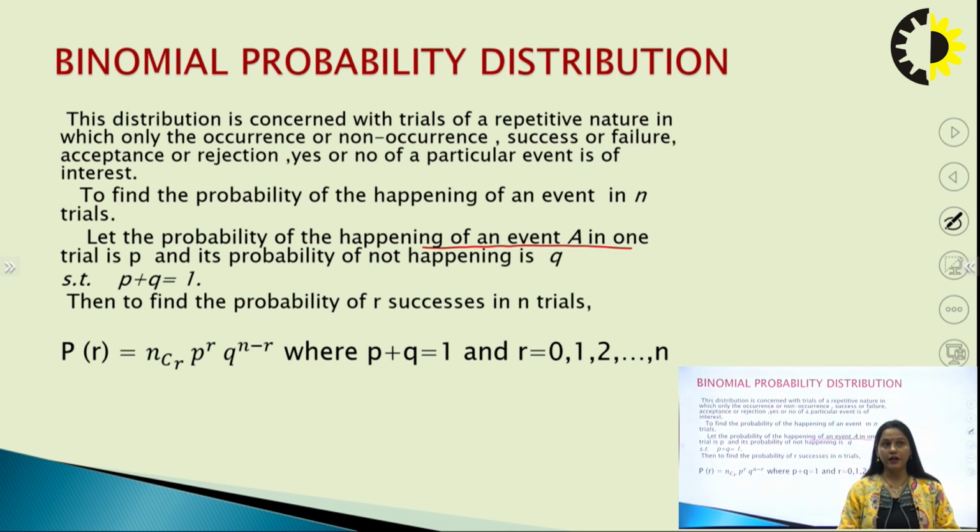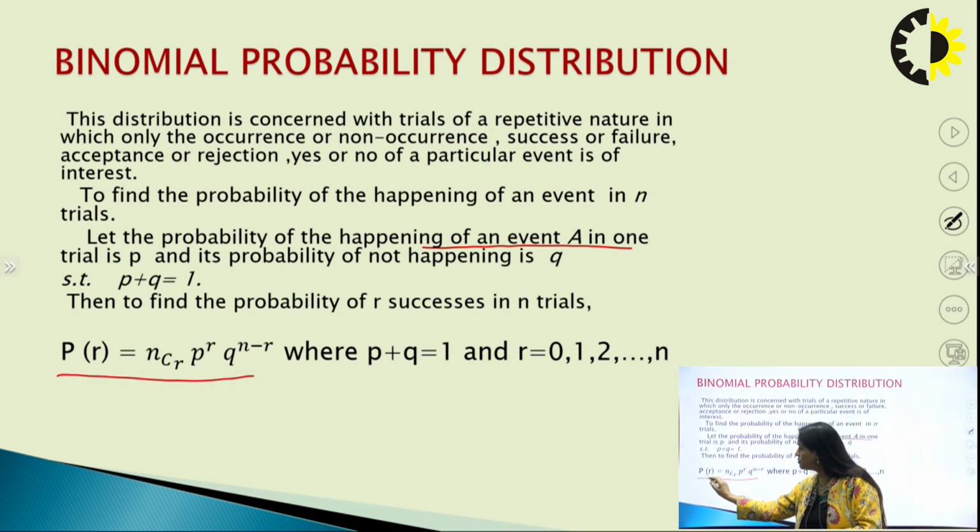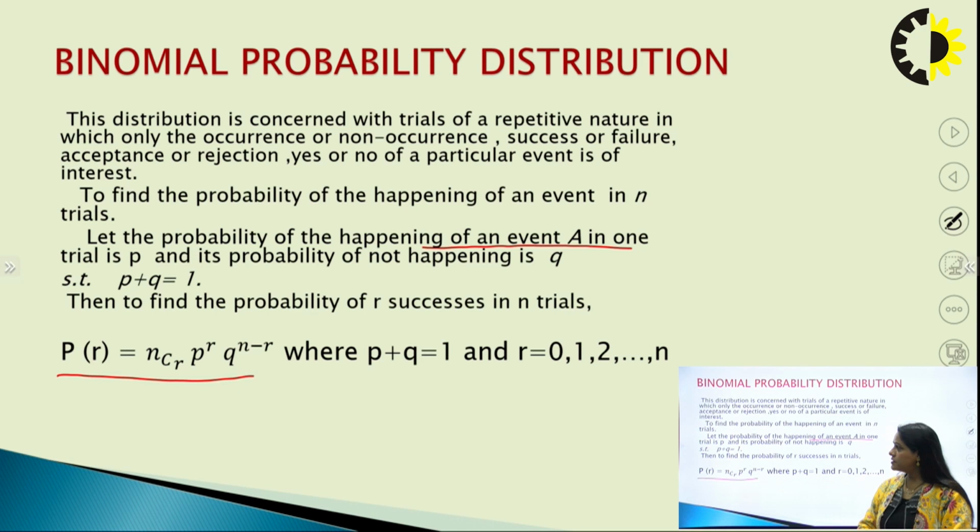To find the probability, we use this formula, which is P(r) is equal to nCr p to the power r into q to the power n minus r, where n is the number of trials, r is the number of successes in that trial, p is the probability of success, and q is the probability of failure.